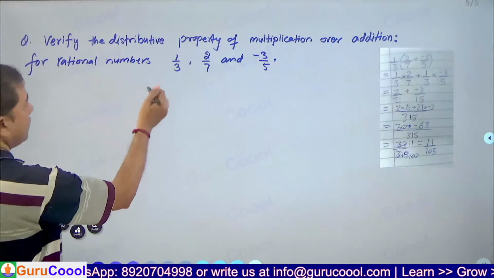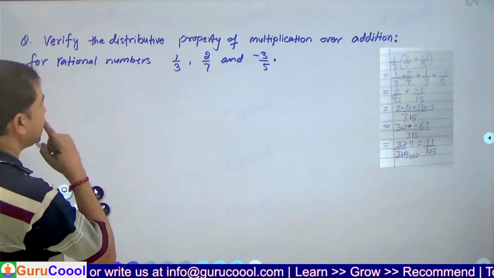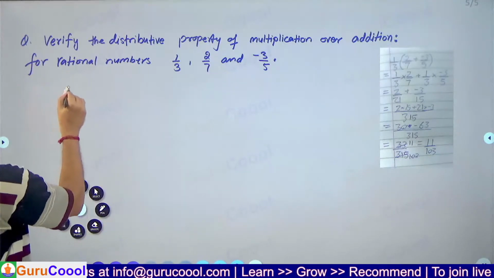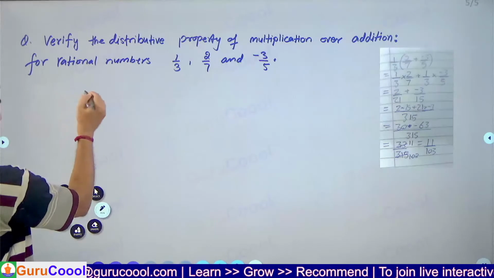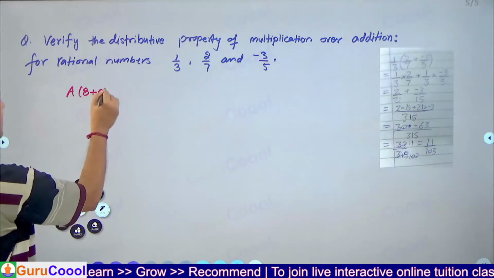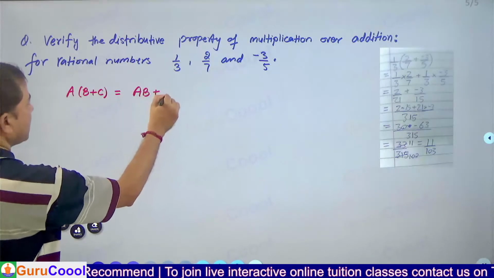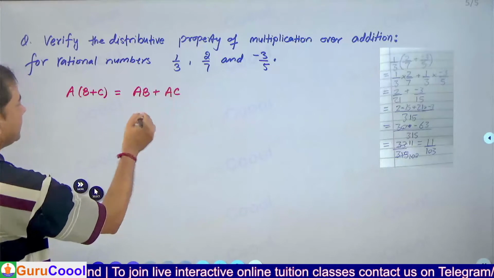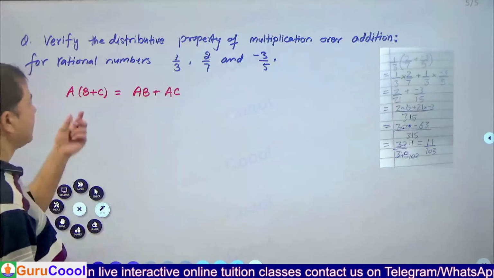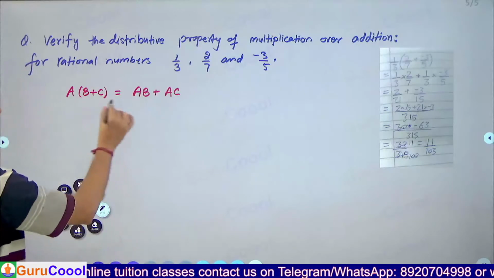So first of all, we should write the distributive property of multiplication over addition. A into B plus C is equal to AB plus AC. This is what we call distributive property of multiplication over addition. And we have to verify.